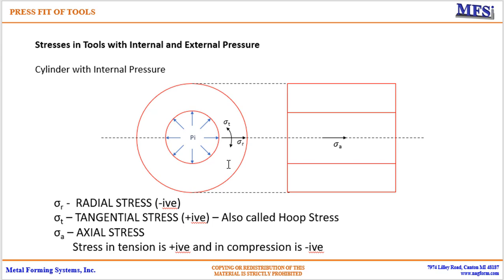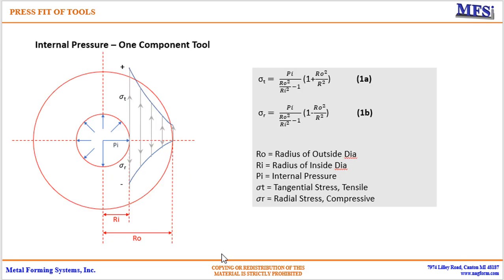Now we consider the stress to be tensile if it is positive, and compressive if it is negative. When we apply the internal pressure, then the stresses inside a single cylinder, as they are shown here, we have the positive tensile tangential stress and the negative compressive radial stress at, let's say, the inside radius.